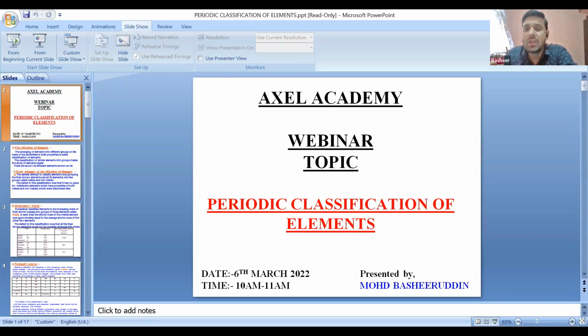So for the early attempts at classifying the elements, we had so many scientists. The earliest attempt to classify elements was grouping the then-known elements, about only 30 elements, in the form of two groups: one is the metals and the other is the non-metals. The defect in this classification was that it had no place for the metalloids.